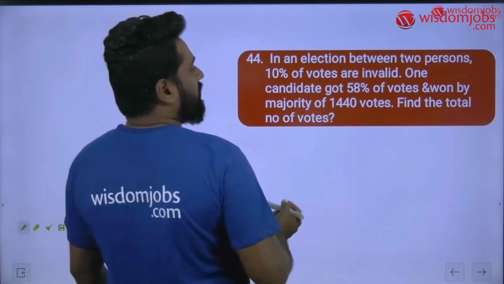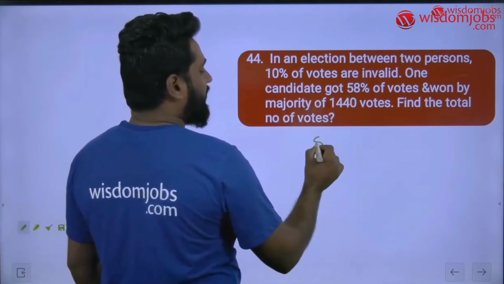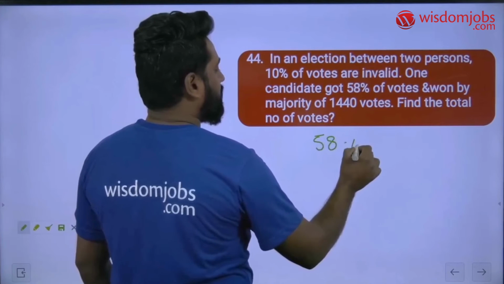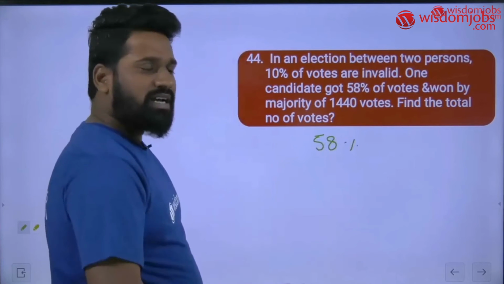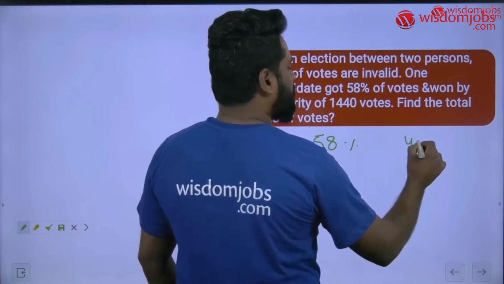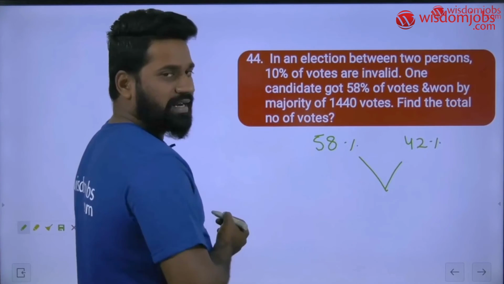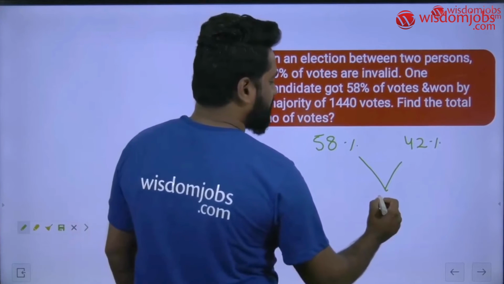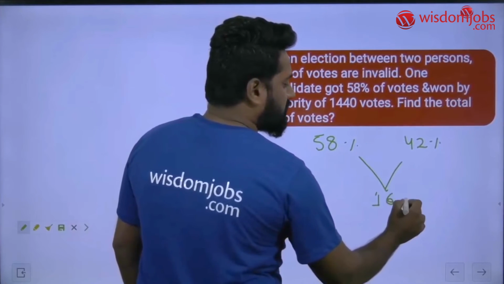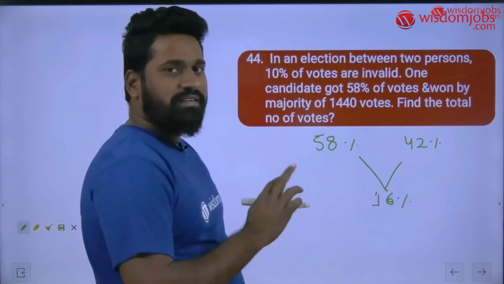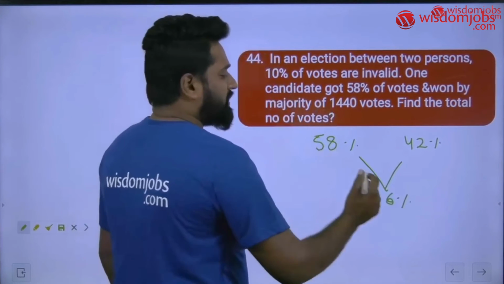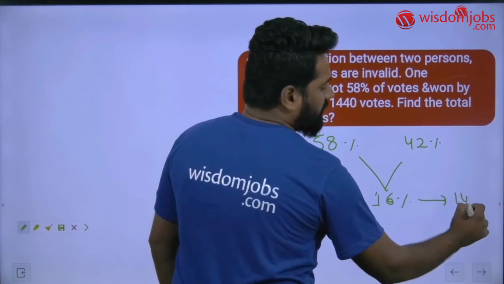So the first person got 58% of the votes. Definitely the second person got the remaining percentage, that is 42%. What is the difference here? 58 minus 42, that is 16%. So this 16% is the difference between those two, which indicates this majority, or difference, is 1,440.